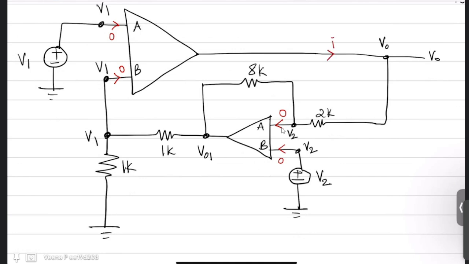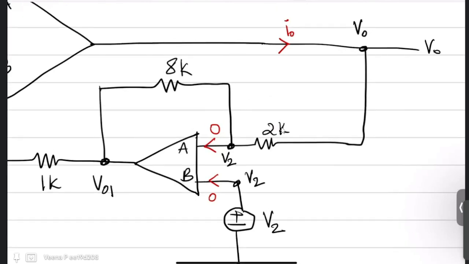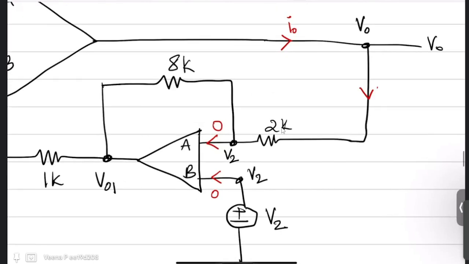So let this current be I0. Since your output is open, the same current I0 will flow through here. So I0 will reach here. Now here, because no current goes to the input of your op-amp, the same current is also I0. Now this comes here, the I0. Now this op-amp may have an output current, we don't know.